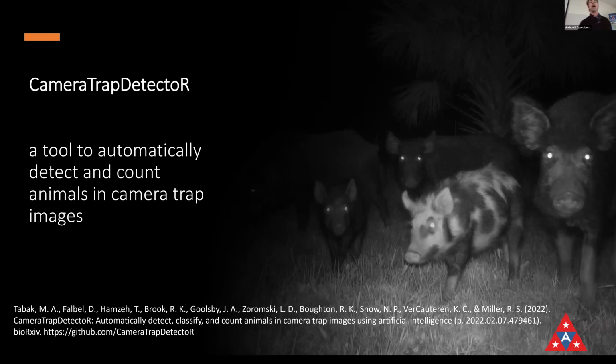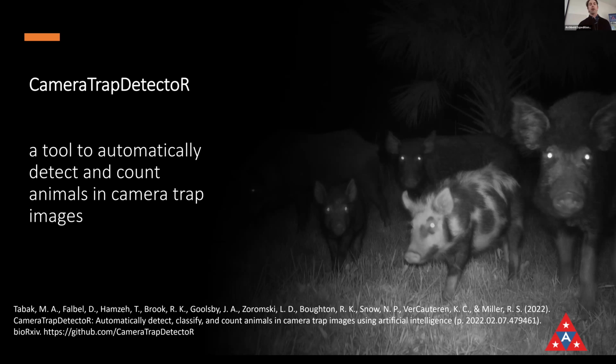Working with the USDA, we began, Raul and team really is who deserves credit here, and worked with their quantitative ecologists and data scientists to build a tool to automatically detect, classify, and count animals in camera trap images using artificial intelligence. The objectives they laid out for the tool were to build separate models that would identify the taxonomic class level, taxonomic family level, and species level.